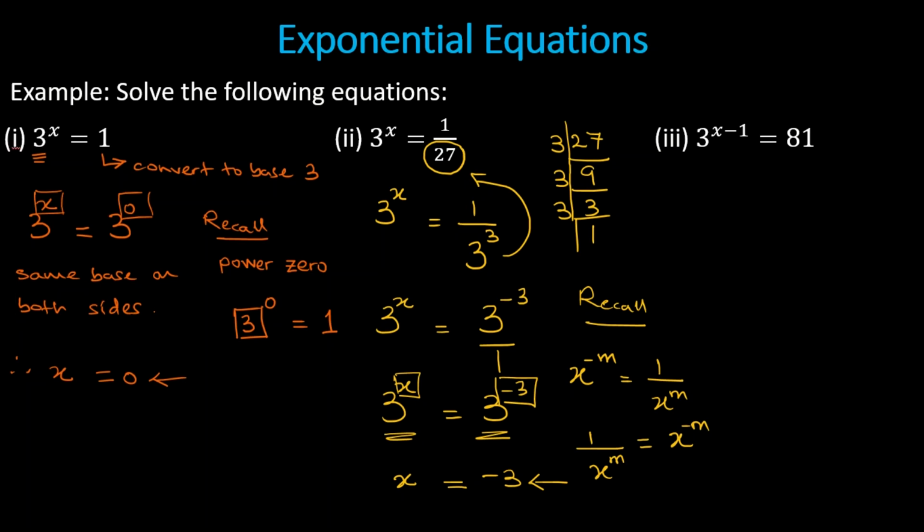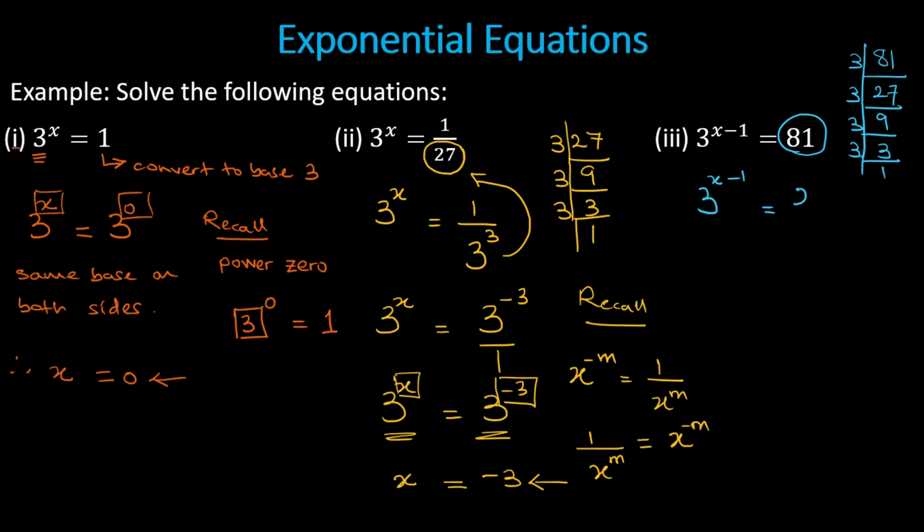Next part, we have 3 to the power of x minus 1 equal to 81. On the left hand side, we have 3 to the power of x minus 1. Let us convert 81 in terms of base 3. So we take 81, we divide by 3. 81 divided by 3 is 27, divide by 3, 9, divide by 3, 3, and 3 divided by 3 is 1.